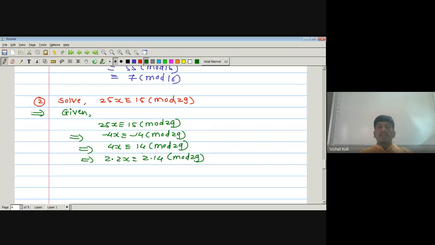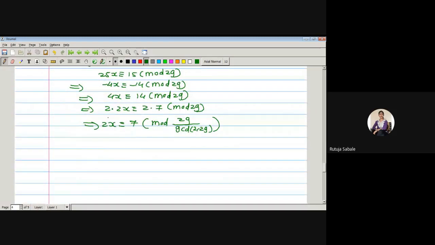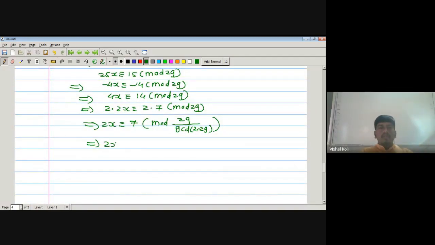If AC is congruent to BC modulo n, then A is congruent to B modulo n upon GCD of C and n, which implies 2x congruent to 2 into 7 modulo 29 divided by GCD of 2 and 29. What will be the GCD of 2 and 29? 1, which implies 2x is congruent to 7 modulo 29.